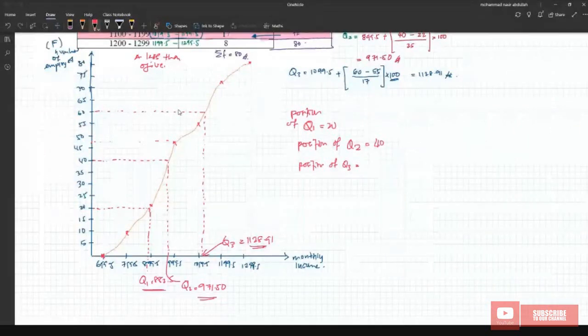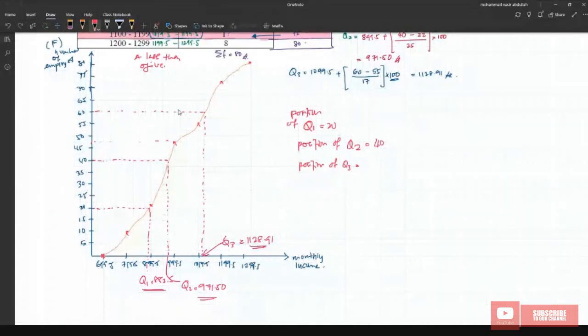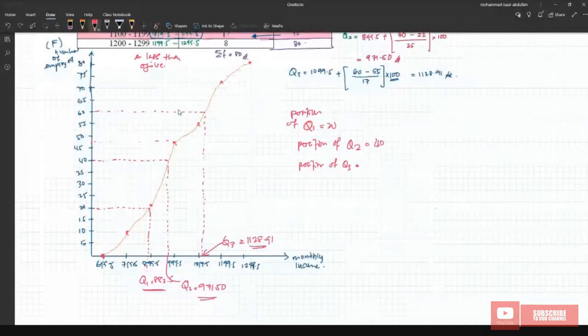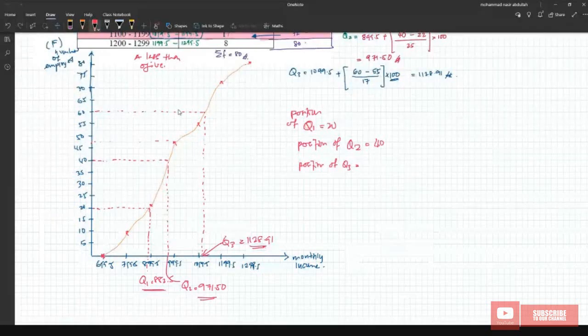So the question is, why when the area of the left whisker is larger than right, is called skewed to the right. In the book, it says skewed to the left.